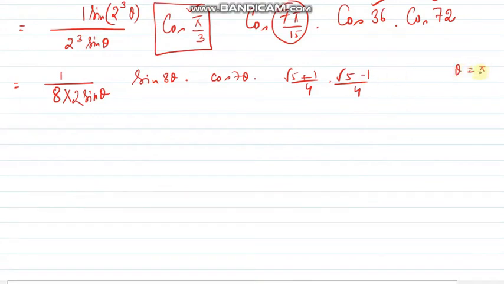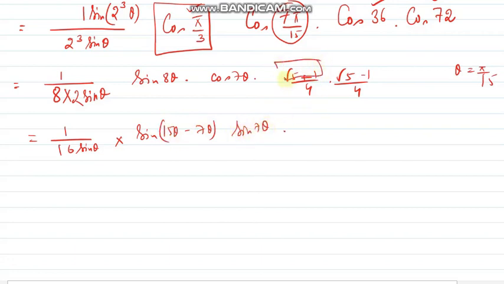Theta I have already taken as pi divided by 15, so it will be 1 by 16 sine theta into... Just check, sine 8 theta can be written as 15 theta minus 7 theta, into cos 7 theta. There, a plus b, a minus b, so square minus square, 5 minus 1 divided by 16. So 1 divided by 16 into 16, and this will be 4. I have taken all the constants outside, all the multiple formula.